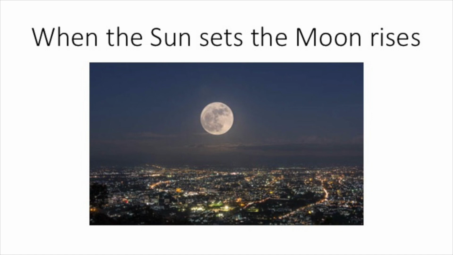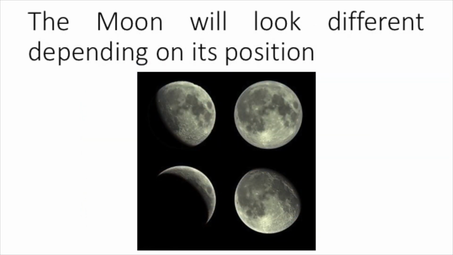Moon goes down, sun comes up. Okay? It's the same sequence every day. And what does that create? Night and day. The moon will look different depending on its position.